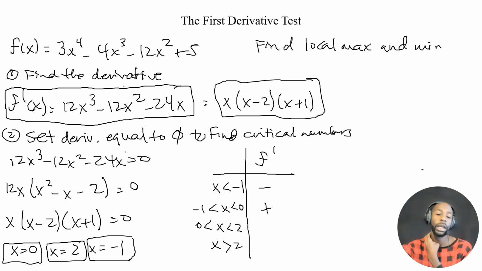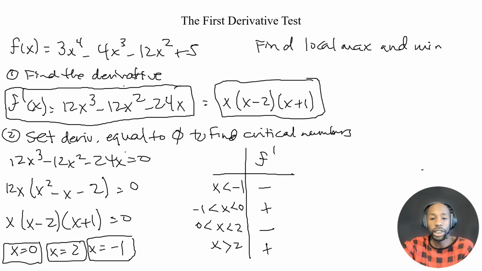Now, what about between 0 and 2? If I plugged in 1, that would be positive. 1 minus 2 would be negative, and 1 plus 1 would be positive. So it's two positives and a negative. This would be negative. And then finally, x greater than 2. If x was 3, that would be positive. 3 minus 2 is 1, that would be positive, and that would be positive. So this would be positive.